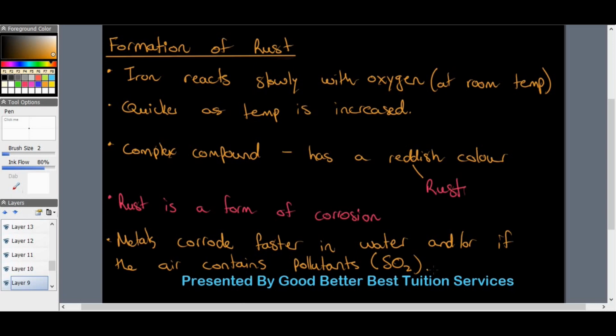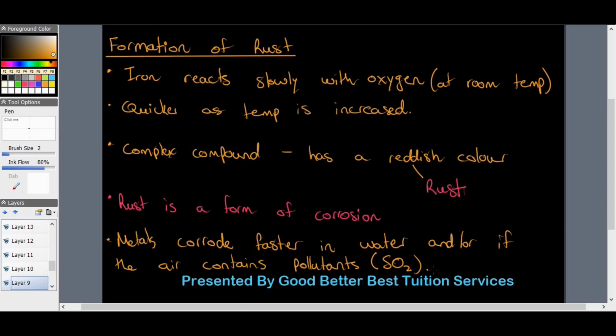If your metal gates, burglar bars, or anything metallic are exposed to air and moisture, including rain, and are not protected, then rust will start to form, and over time the metal becomes weaker.